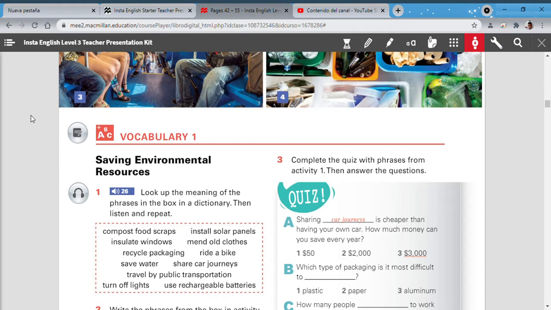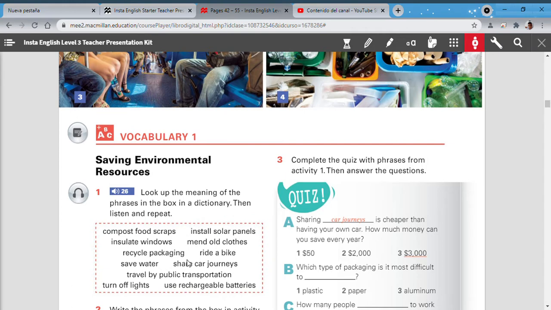Number 1, compost food scraps. Insulate windows. Recycle packaging.